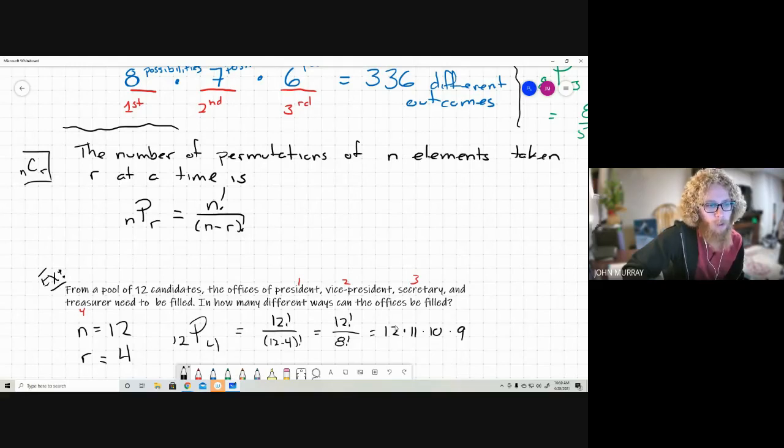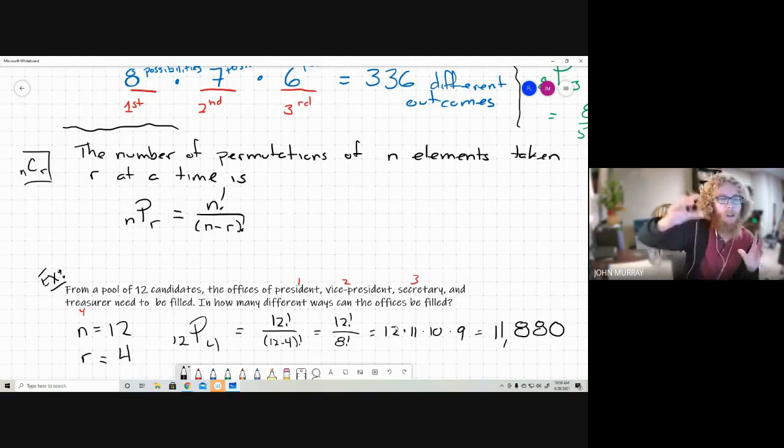And there are my 4 positions: 1, 2, 3, 4, president, vice president, secretary, treasurer. So I can multiply those together, 12 times 11 times 10 times 9. And with that, we have 11,880 different ways of filling those positions.